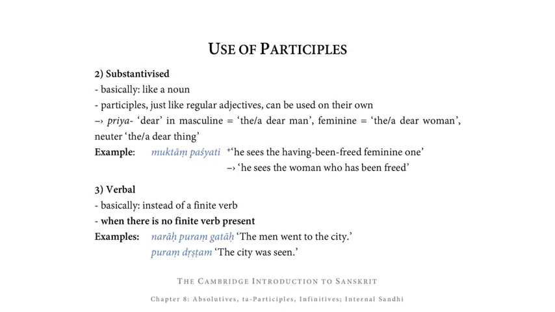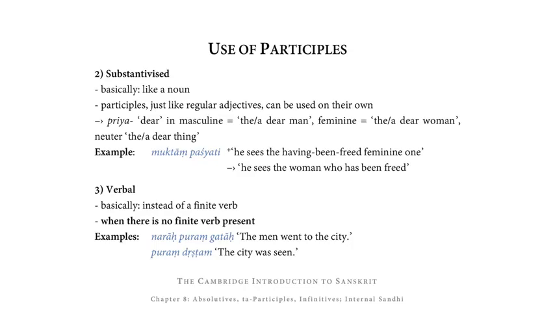Finally, we have verbal use of a participle. This is when a participle is used instead of a finite verb. And we can recognize that this is what is happening whenever we have a sentence where there is no finite verb present.